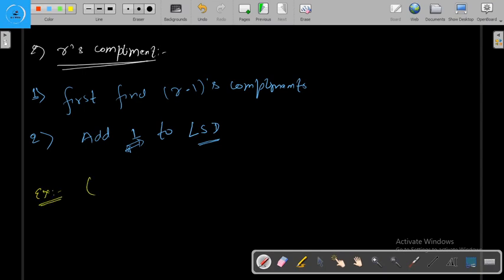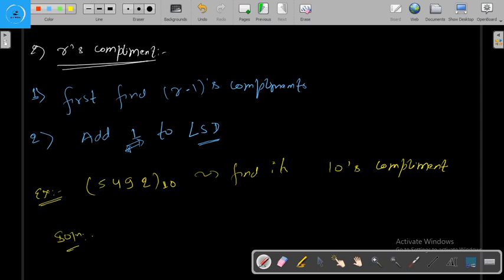The given number is 5 4 9 2, given in decimal, and our question is to find its 10's complement. So here is our solution: first we are going to check the radix. This radix is 10, and we see what complement it is asking for.